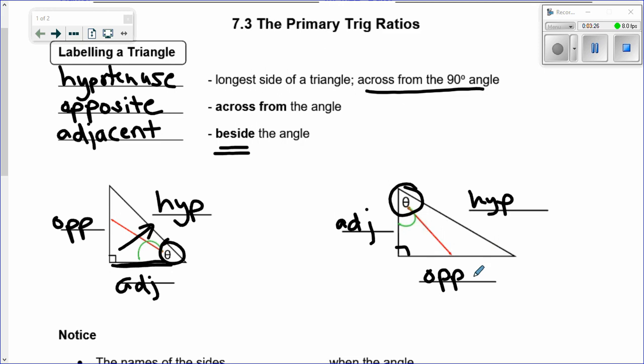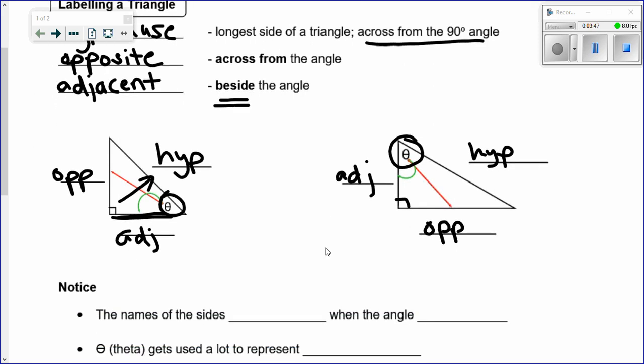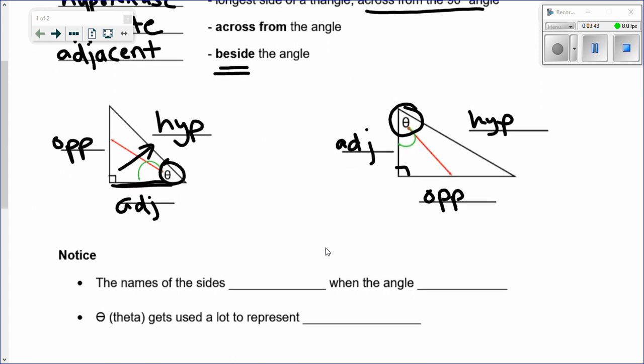By the English language, you usually understand what opposite means, so you're able to name 2 out of the 3 sides. The third side, you might not know what adjacent means. Like I said, it is not a common word in the English language, but if you've named 2 out of 3 sides, the third one must be the adjacent side. So until you get comfortable with naming things on your own, that's a good way of approaching it.